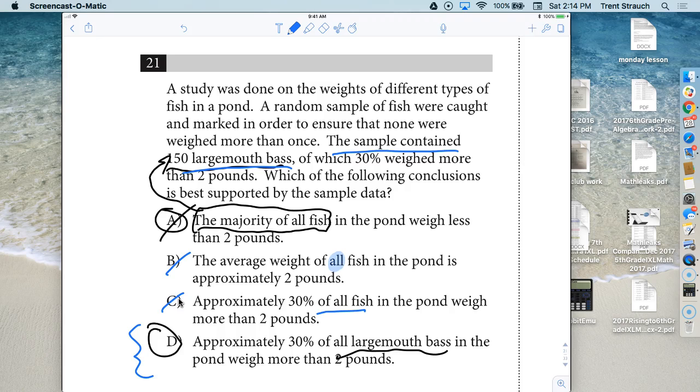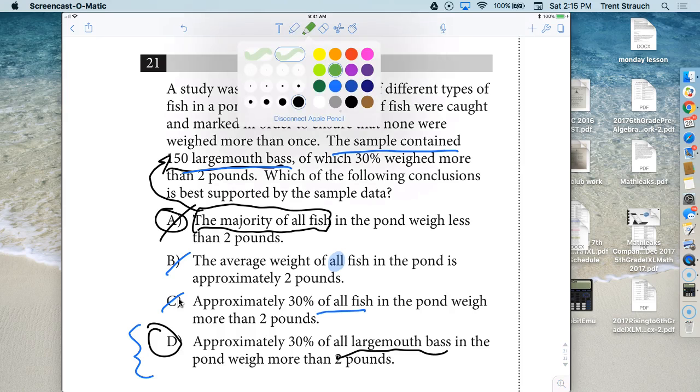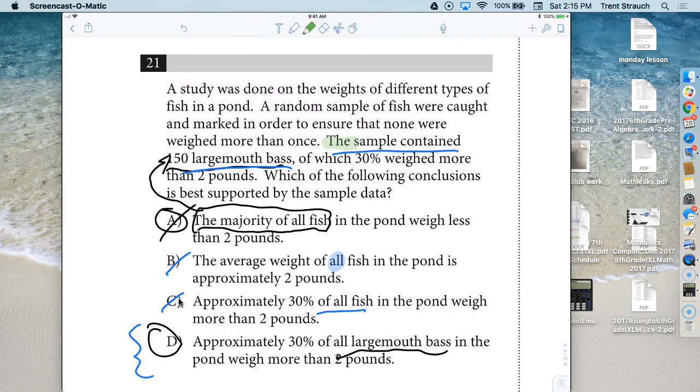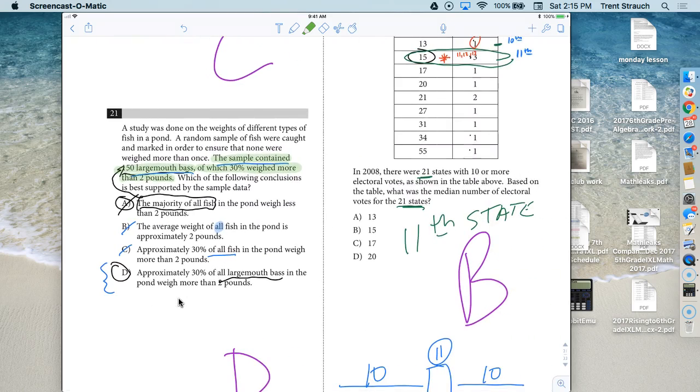You agree with that? So what they're saying here, and this is the important part, is that the sample contained 150 largemouth bass, of which 30% weighed more than 2 pounds. Right? So does that say anything about whether the majority in the pond weigh less than 2 pounds?